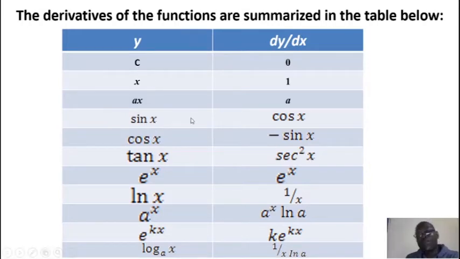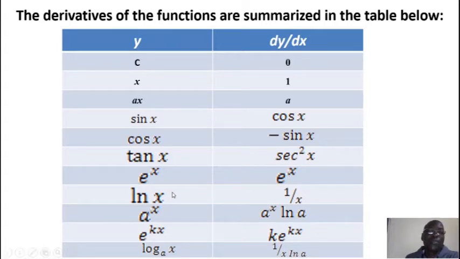Then the derivative of sin x is cos x. Down the line, we go like this. But one good thing about the exponential function is that if y is e raised to power x, which means y is equal to exp x, dy/dx remains unchanged.